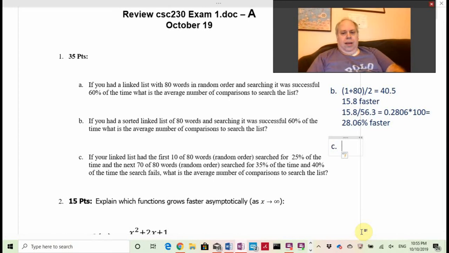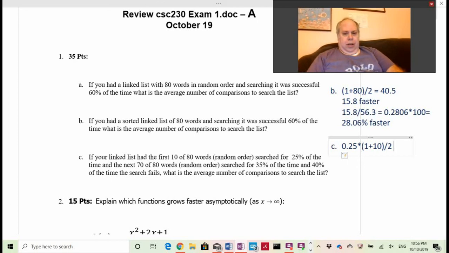So 25% of the time, or 0.25 times 1 plus 10 over 2 will be the amount you spend when the word is one of the first 10. We've moved the more likely candidates to the beginning of the list, making it easier to search.